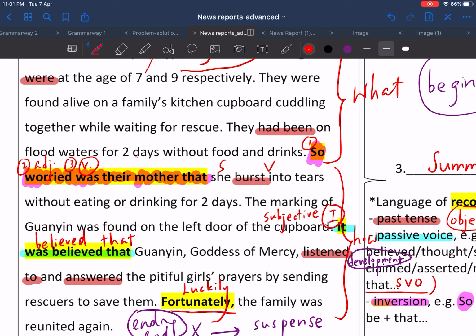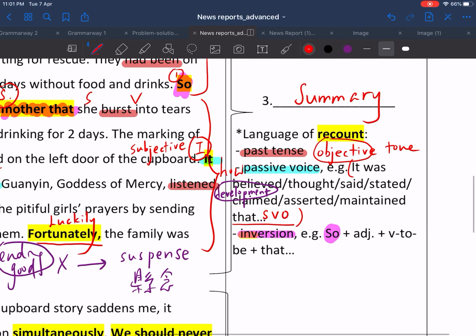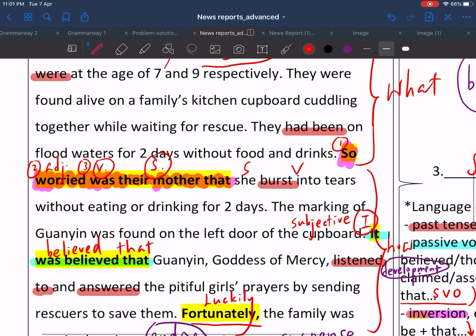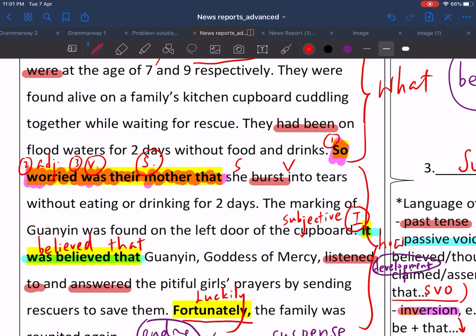and the subject. Remember, when we use inversion, 倒裝, the verb must be put before the subject. 動詞要擺喺個主語之前. That's why we can see was.